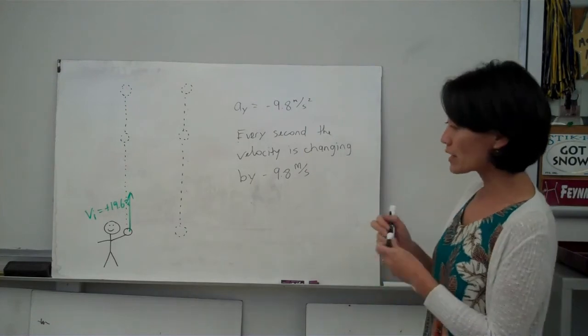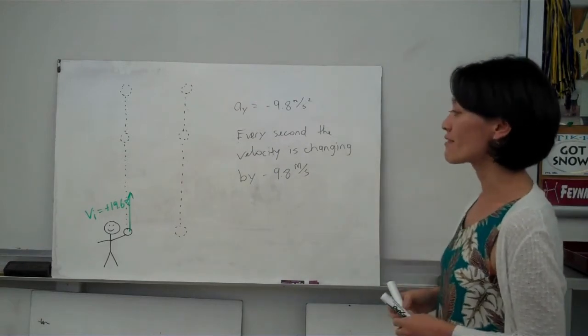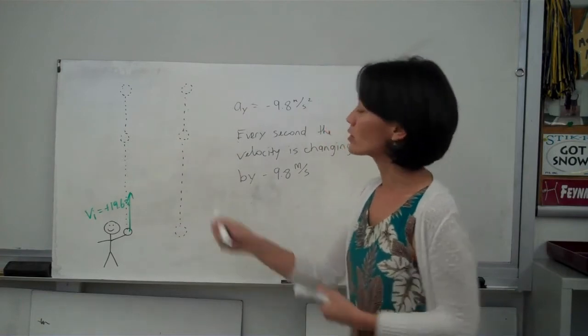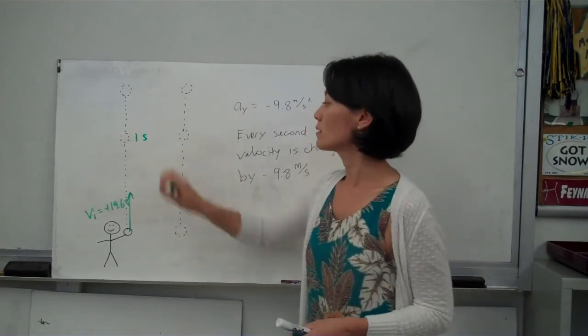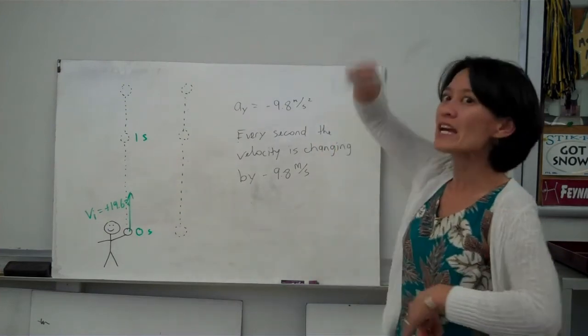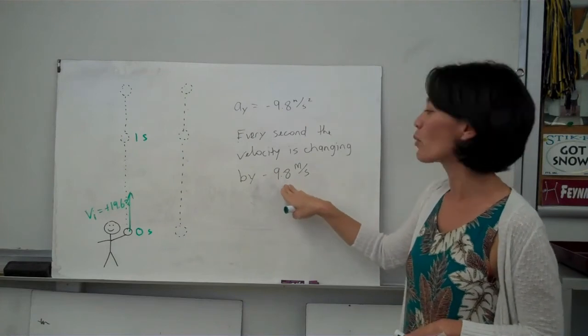So if my little person here was able to throw that ball with a velocity of positive 19.6 meters per second, and 1 second later, we'll say this is at 0 seconds, so at 1 second, in that interval of 1 second, my velocity should change by negative 9.8.